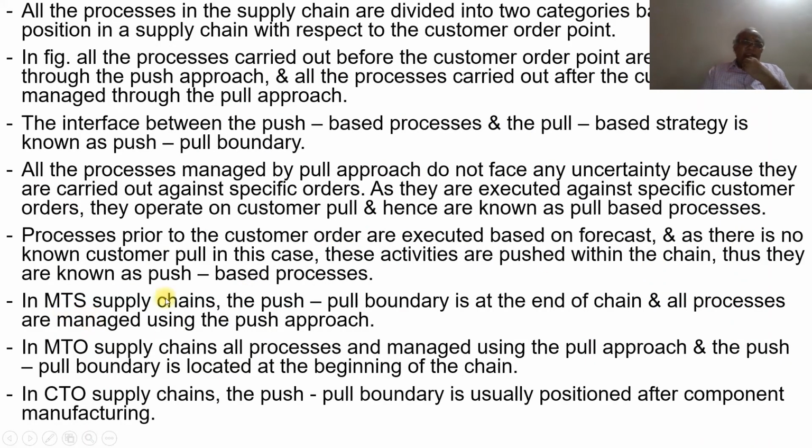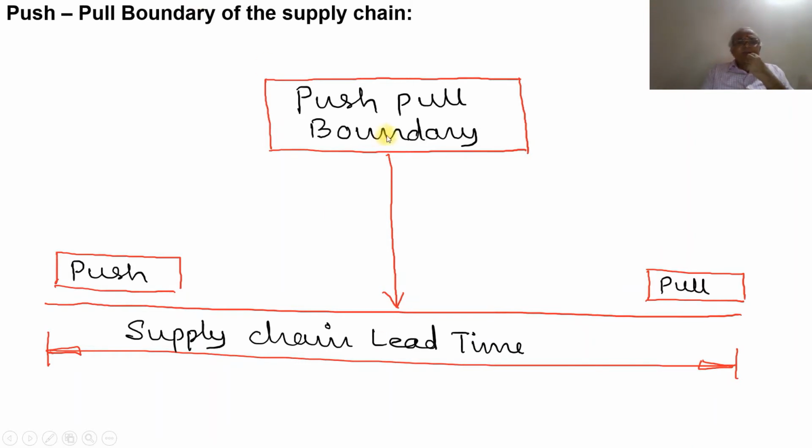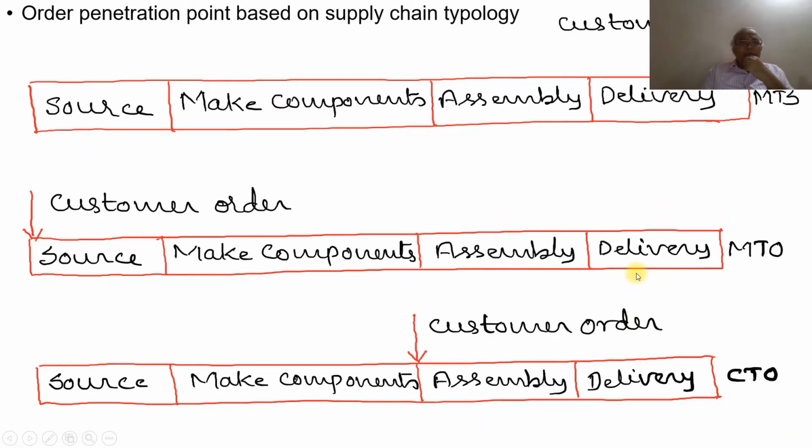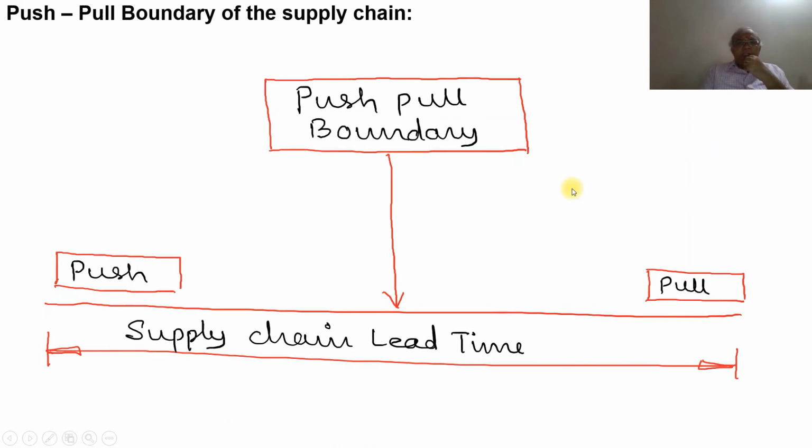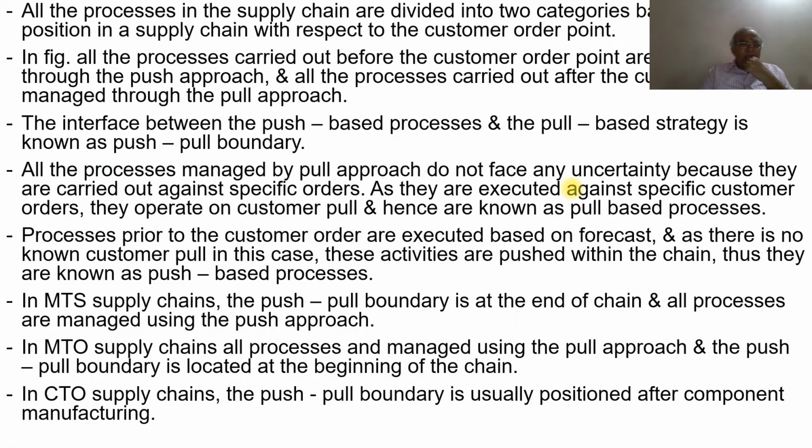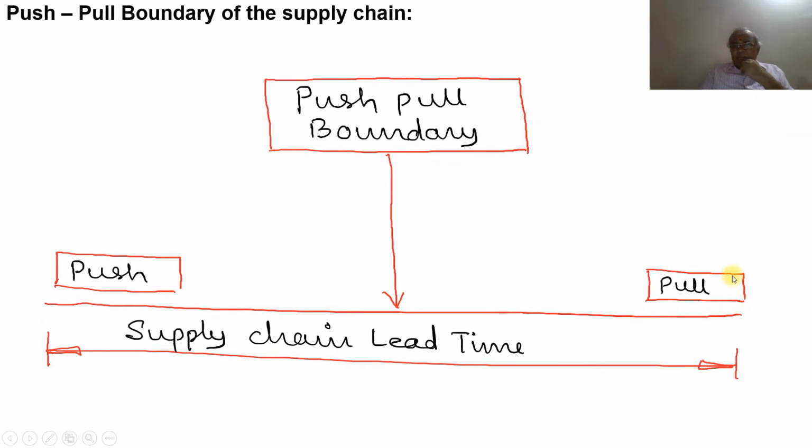Then in MTS, that is make-to-stock supply chains, the push-pull boundary is at the end of the chain and all processes are managed using the push approach. From the previous video, if you take MTO, that is make-to-order, here in this case we are talking about the make-to-stock supply chain. So the push-pull boundary is at the end of the chain, which means it will be at this particular point.